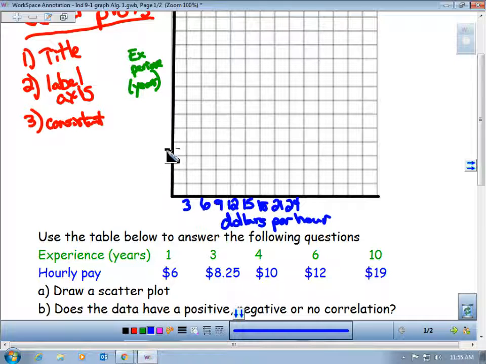Same thing with the horizontal axis. Now we go from 1 year of experience to 10. So I think for this one, I'm going to go every 1. So 1, 2, 3, 4, 5, 6.